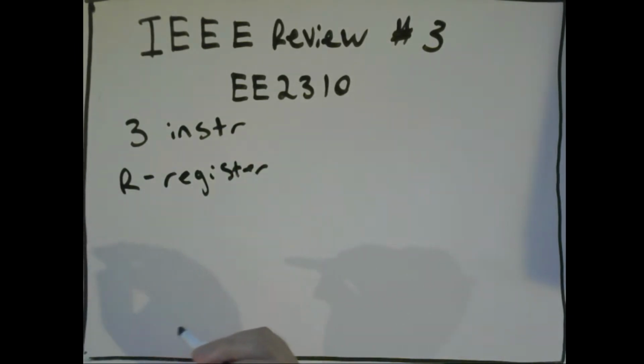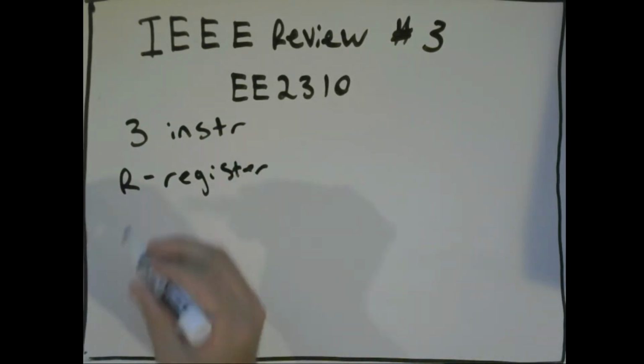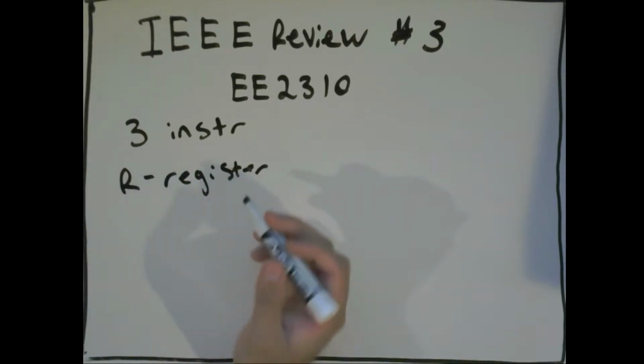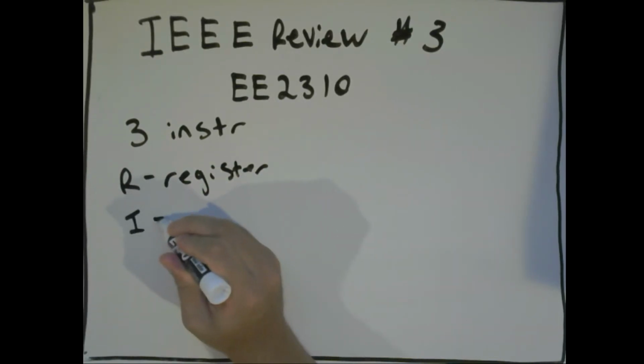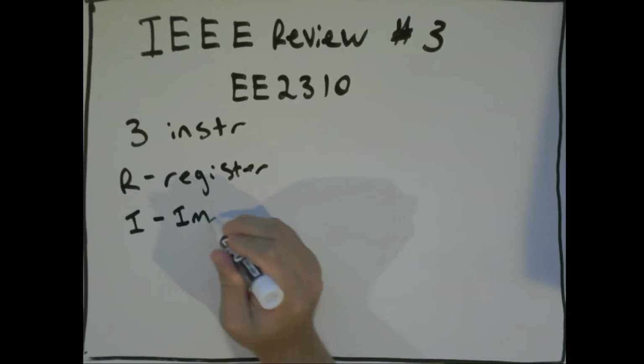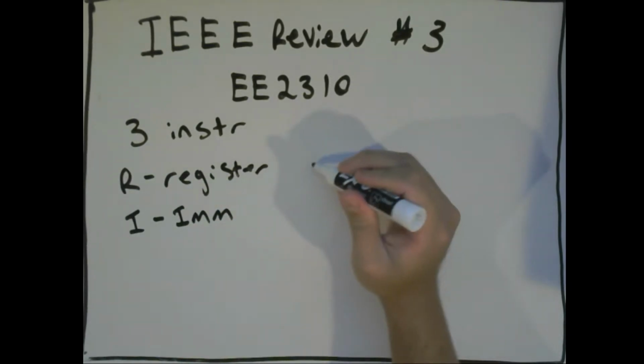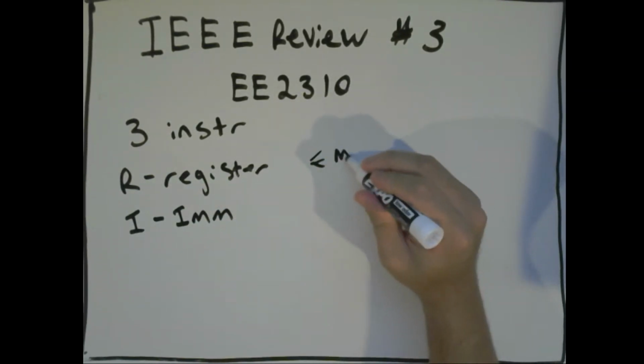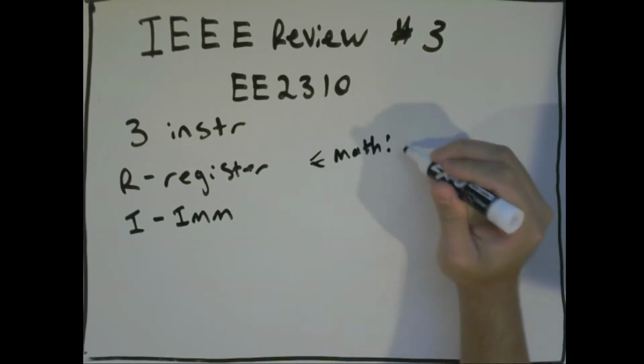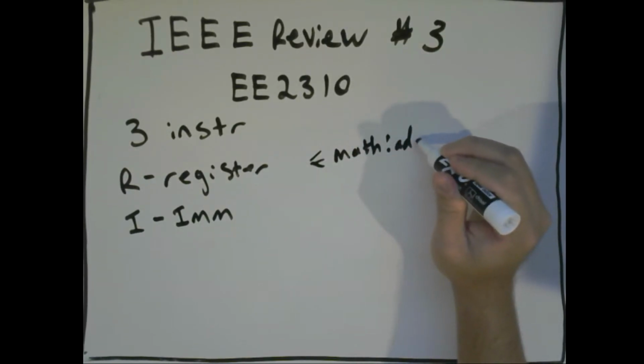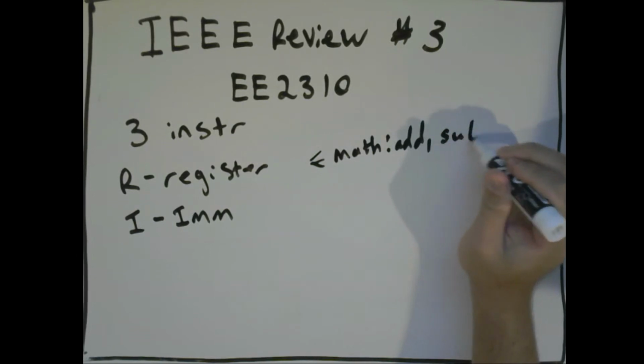Let's say the I type instructions, right? These are immediate type instructions. So this is going to be like your math, right? So that's like add, sub, stuff of that nature.